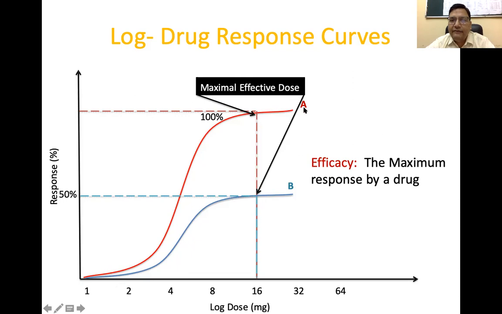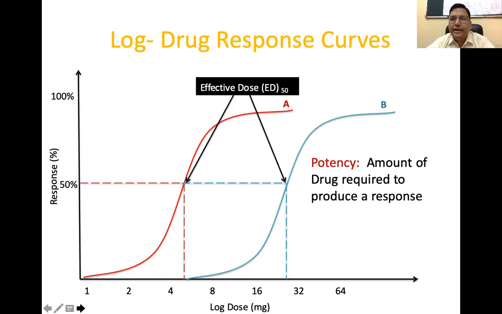That means the efficacy is the maximum response by a drug. Which drug is having more efficacy? Drug A, since it is producing 100% effect, so it is more efficacious as compared to drug B. So the curve which is higher in the log dose response curve is having more efficacy. The more the height, the more the efficacy of the drug.